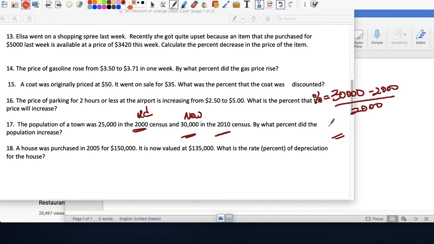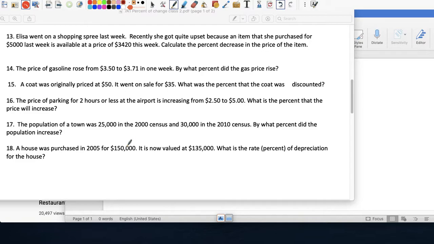Enter and divide that by 2,000. Sorry, I forgot to times 100. So it's 14, and if you multiply that by 100, it gives us 1,400%. A huge increase.